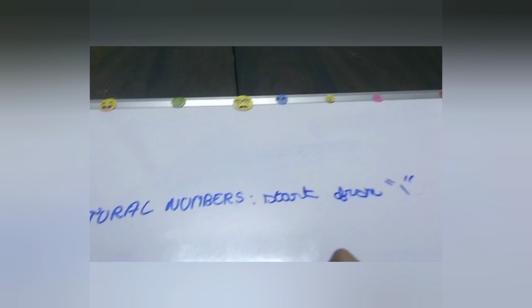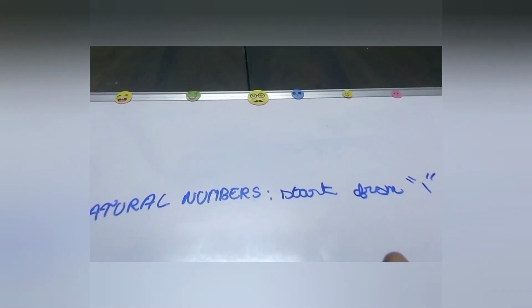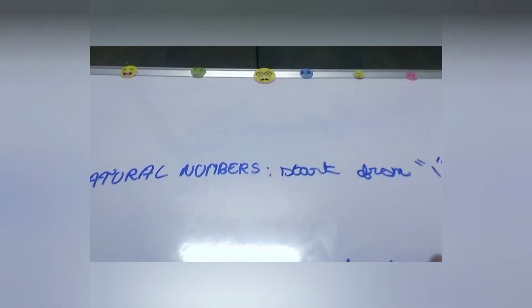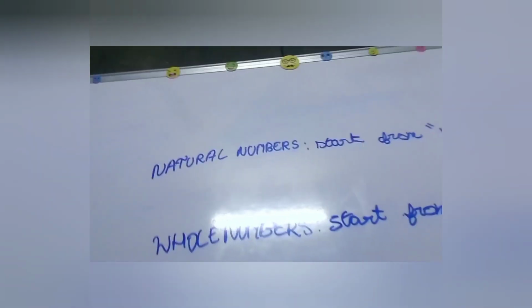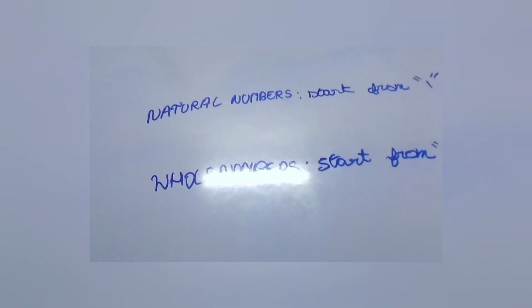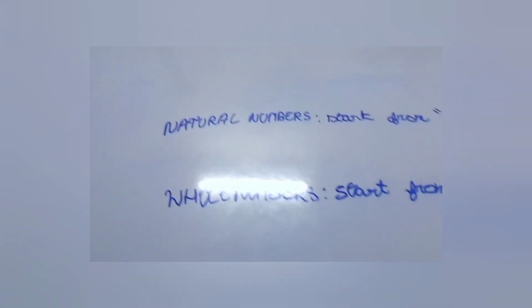But whole numbers start from 0. So now we know that natural numbers start from 1 and whole numbers start from 0. That's all. That's the difference between natural numbers and whole numbers.